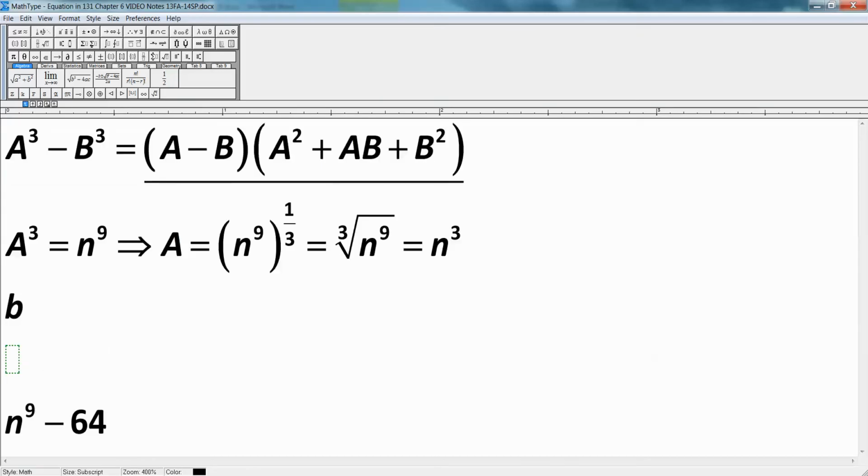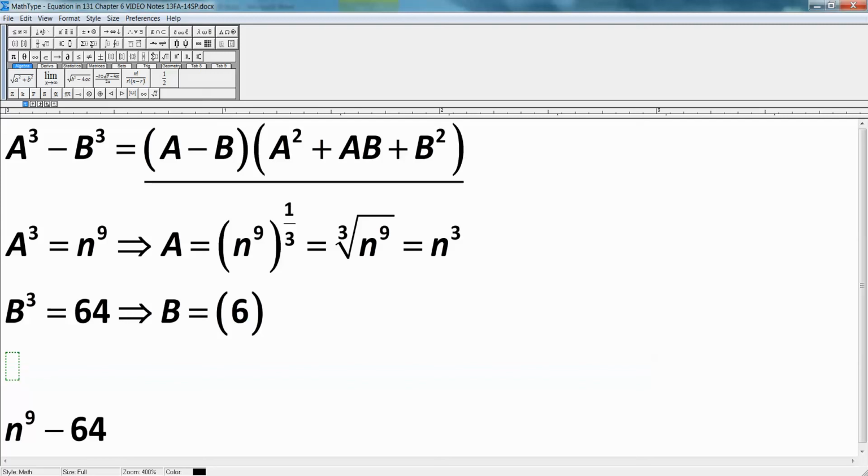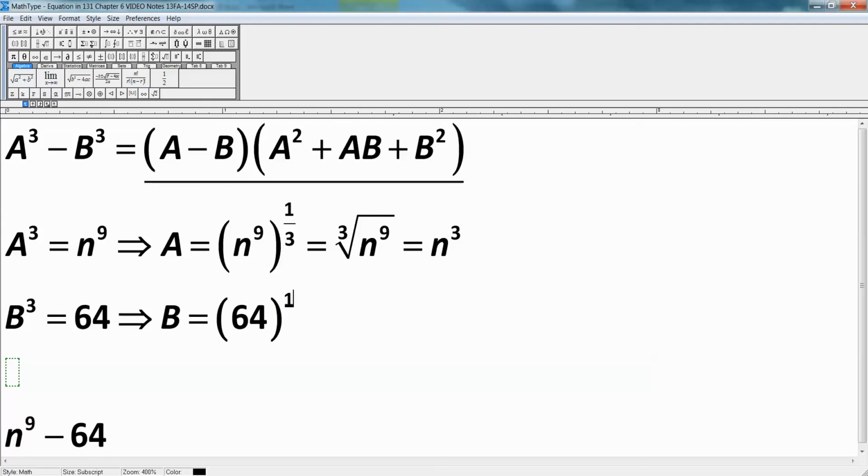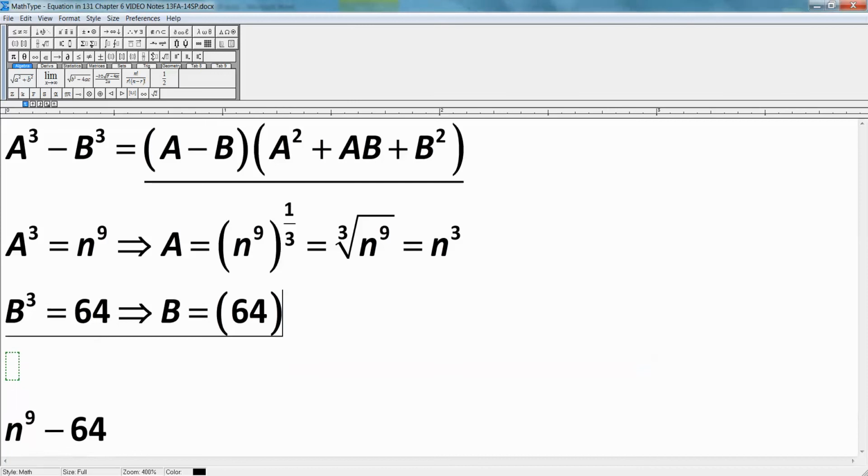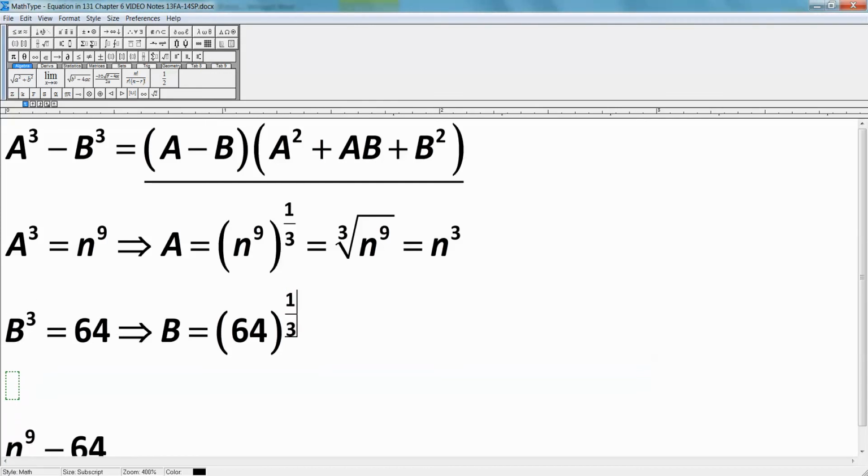All right, so there's our a. And then we know capital B cubed is equal to 64. That's pretty easy. So then b is equal to 64 to the 1/3 power, which would be equal to 4.